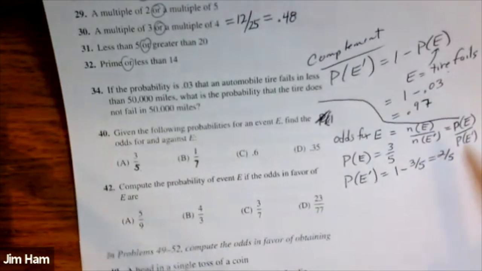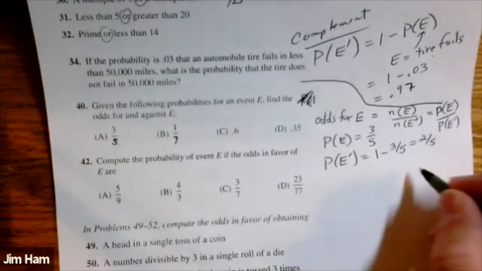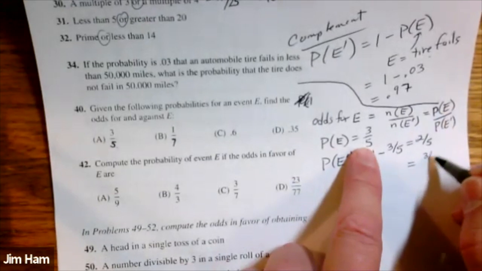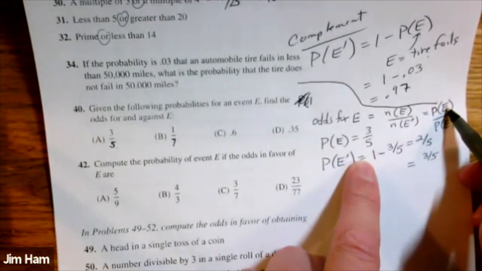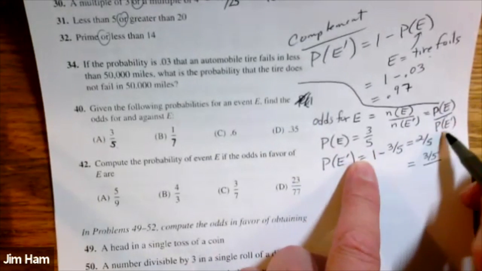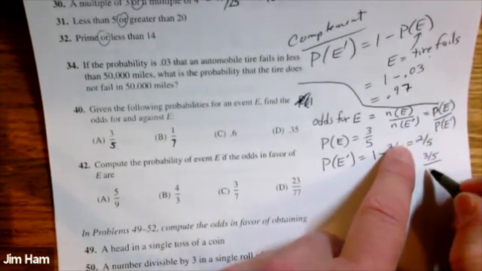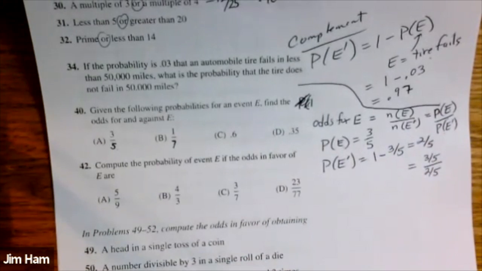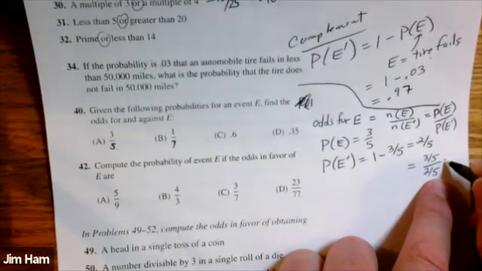So there's our definition of odds. We were given that the probability of E was 3/5, and we divide by the probability of E complement that we just calculated to be 2/5. If you multiply the top and bottom by 5 and simplify, the 5s will cancel and you'll get 3 over 2.